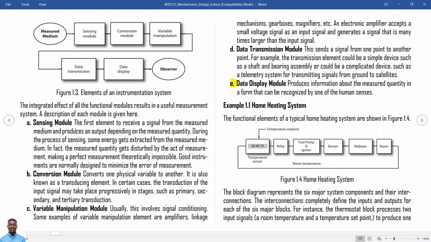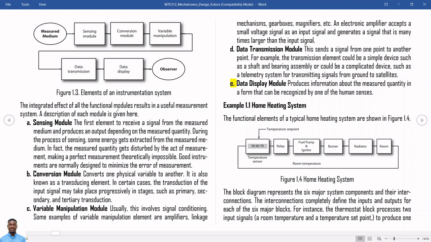The first element to receive a signal from the measured medium, as you can see from the figure, is the sensor module. It produces an output depending on the measured quantity, and the output is picked up by the conversion module.